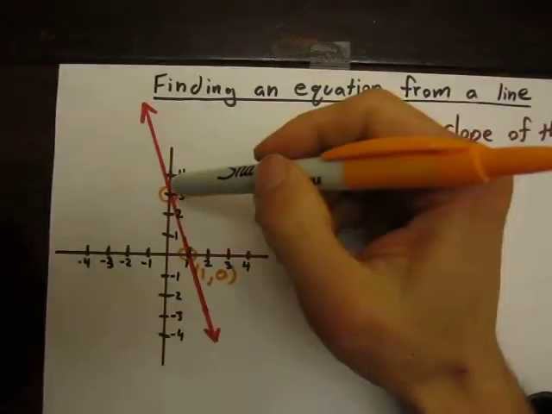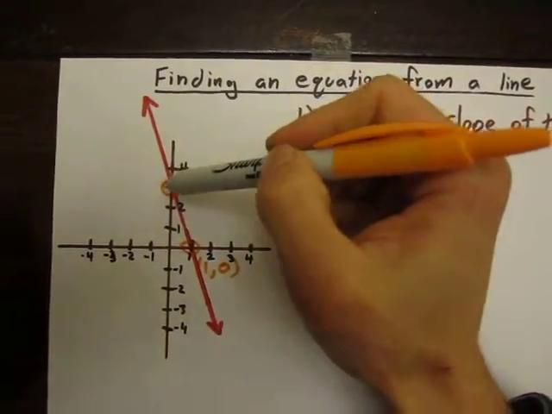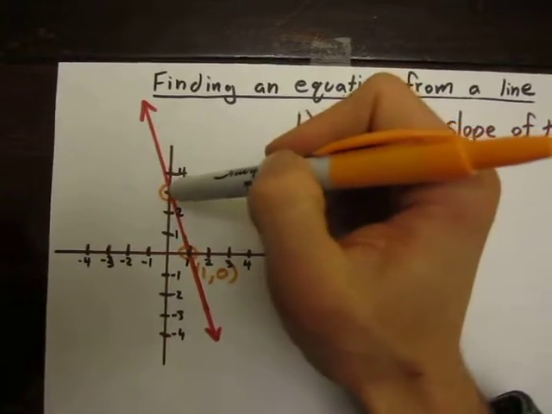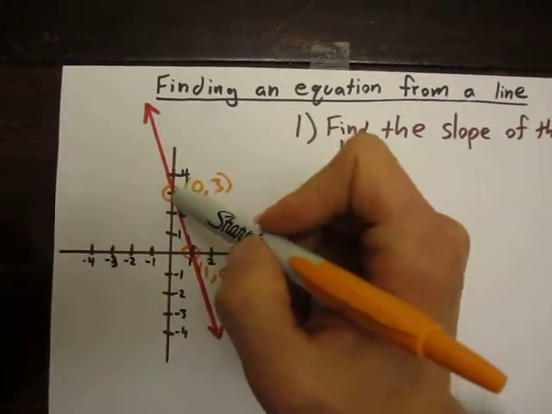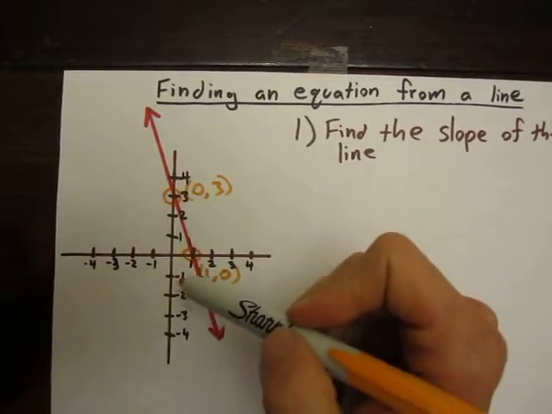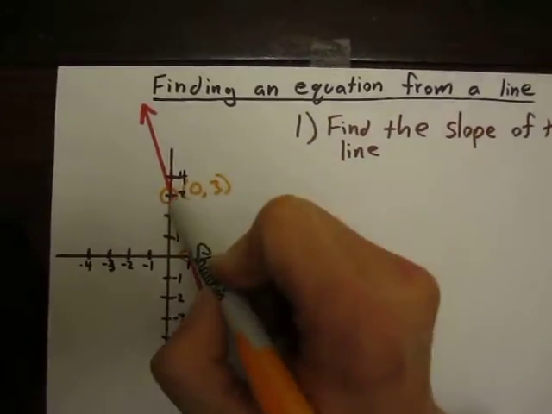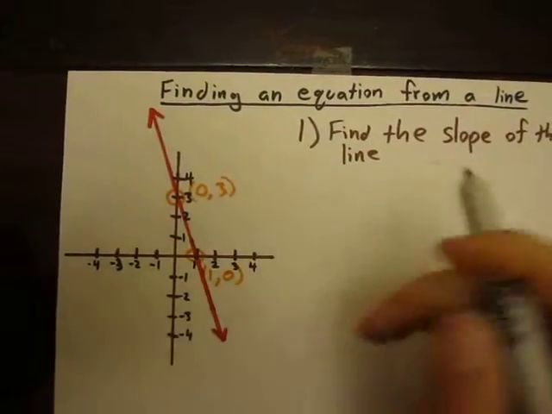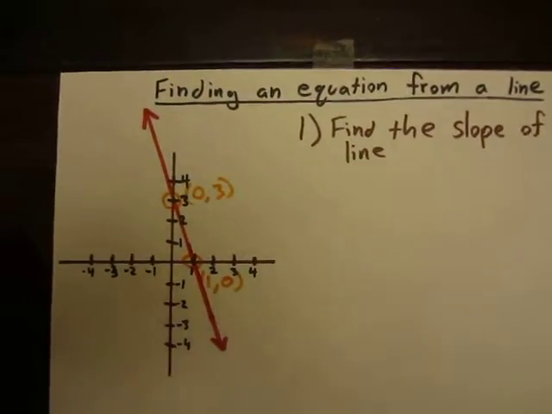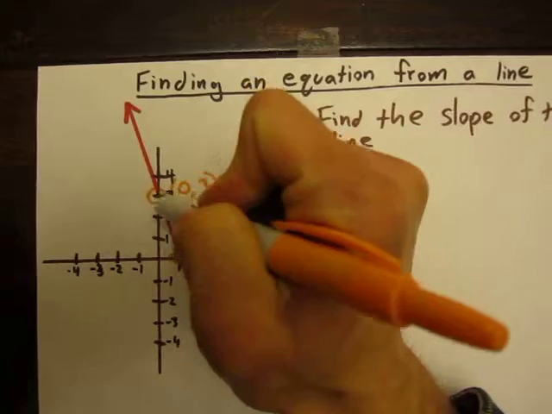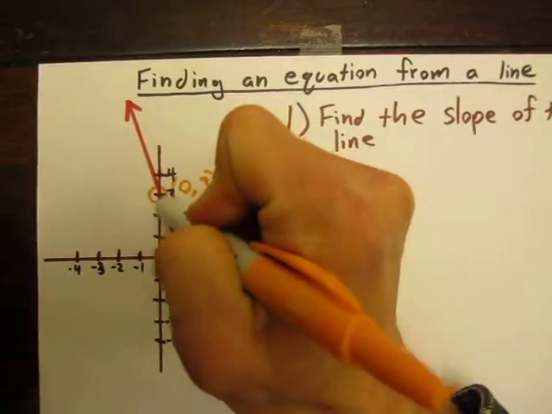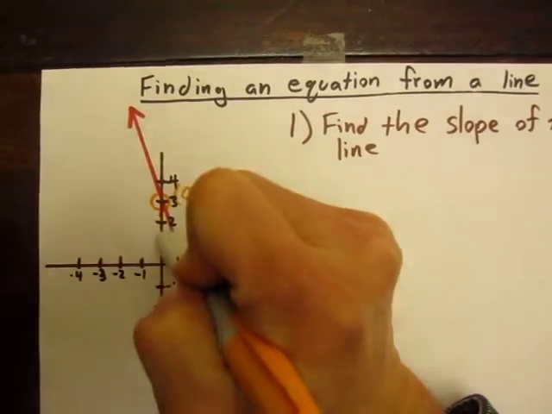Now, what I'm concerned about is how far I need to go first in the y direction, and then how far I need to go in the x direction. So if I'm moving from left to right, I have to go right down here.